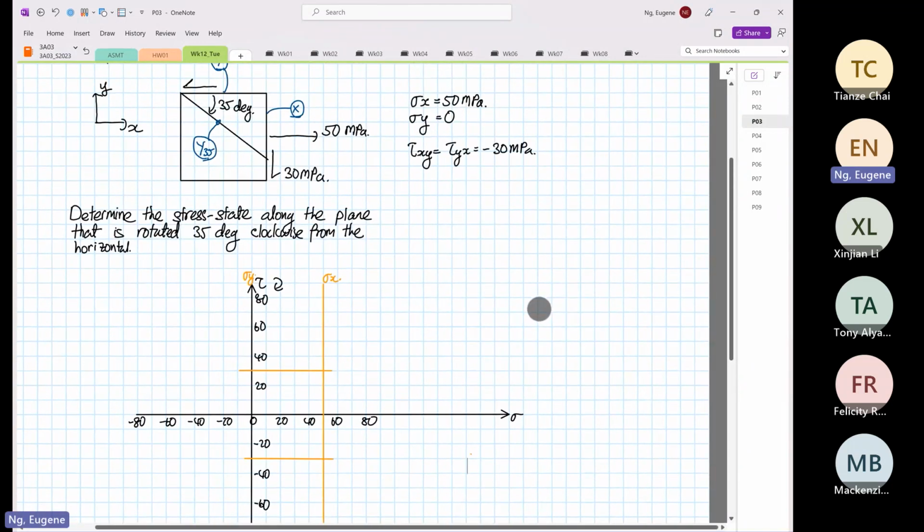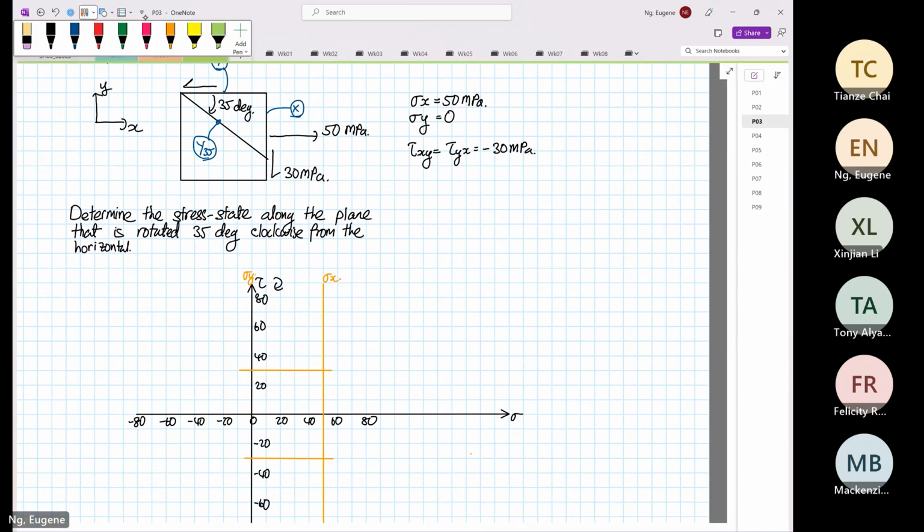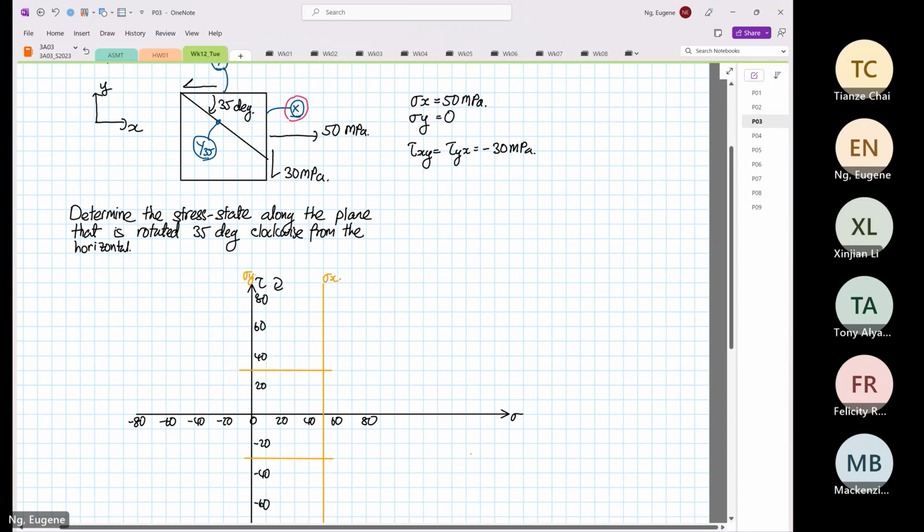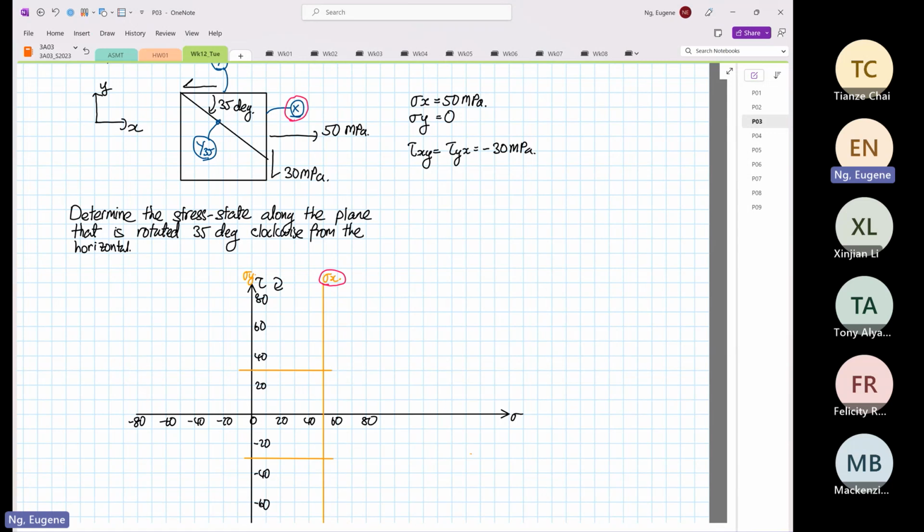So let's focus on X. X will lie on this orange line over here. And then when you put a pin on the center, the 30 over here will want to induce a rotation in a clockwise direction. Okay.